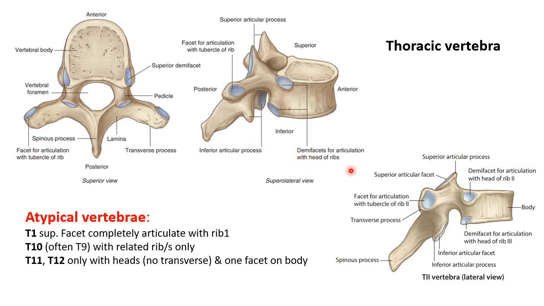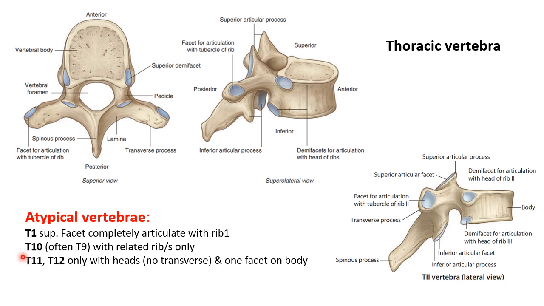The first rib articulates with the superior facets completely and does not articulate with the vertebra above. So the superior facets of the first vertebra are complete facets and not demifacets. So we lost one of the features that makes it typical, and it became atypical.